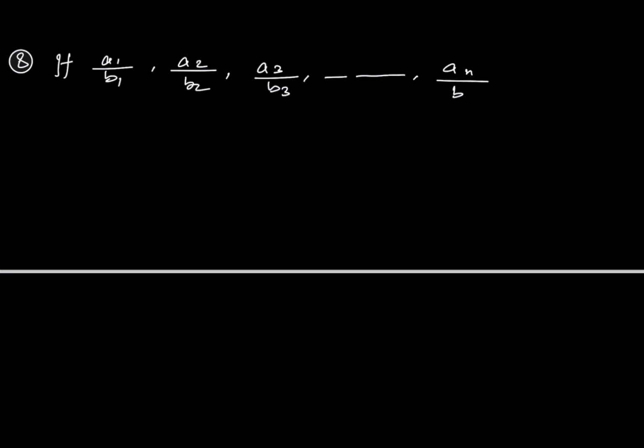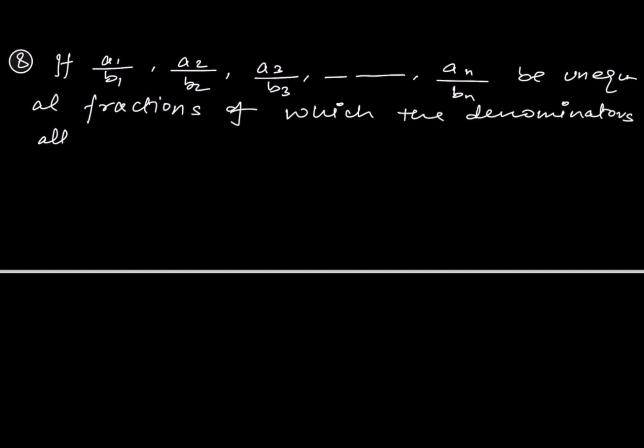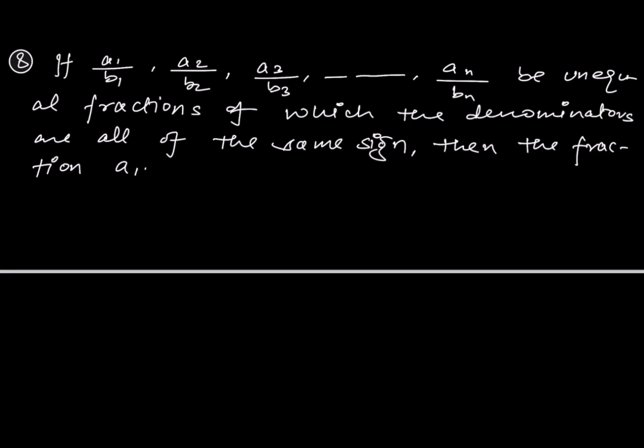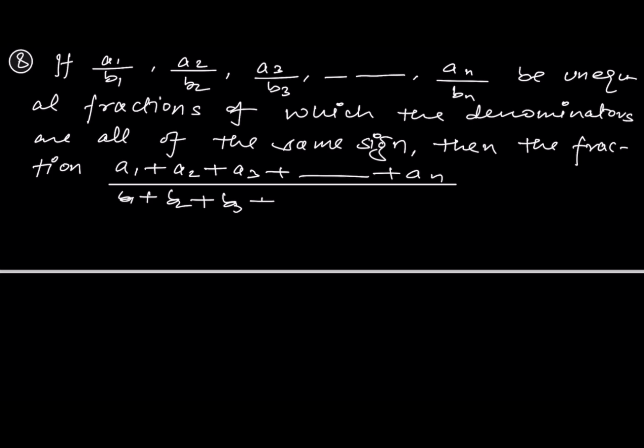We are going to discuss point number 8, which is: if a1/b1, a2/b2, a3/b3, and so on, an/bn be unequal fractions of which the denominators are all of the same sign, then the fraction (a1 + a2 + a3 + ... + an)/(b1 + b2 + b3 + ... + bn) lies between the greatest and the least of them.